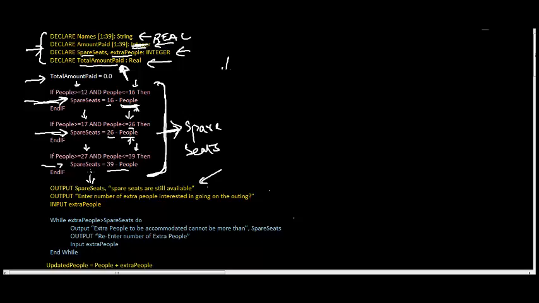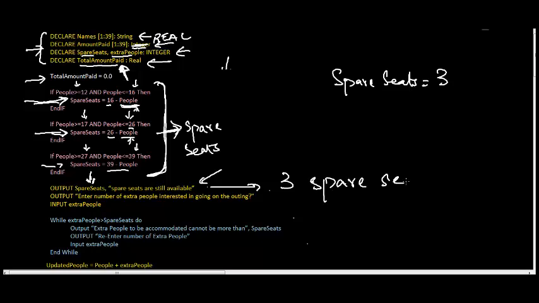Then we print this message alongside: these many spare seats are available. For example, if our variable spare seats has a value of 3, the message printed on the screen is 3 spare seats are available.